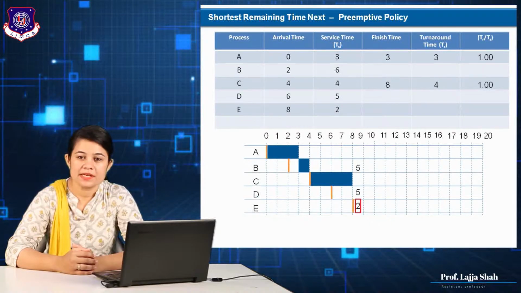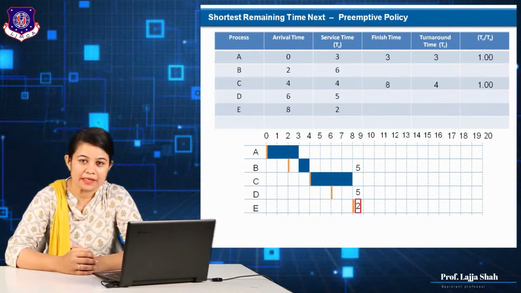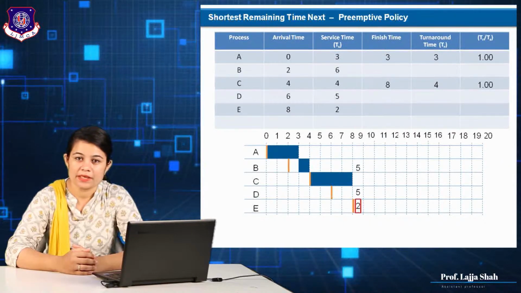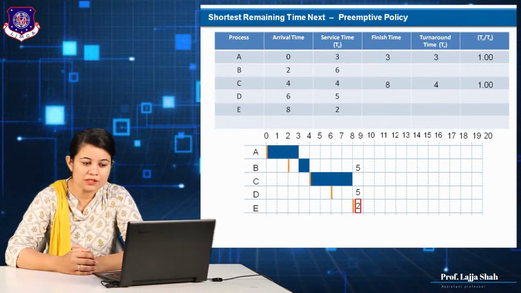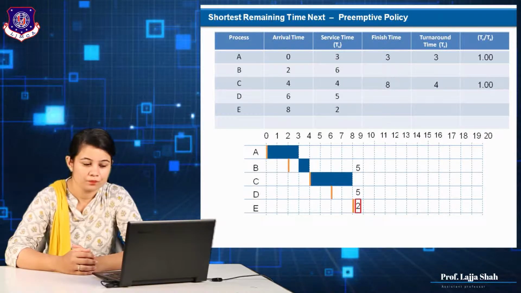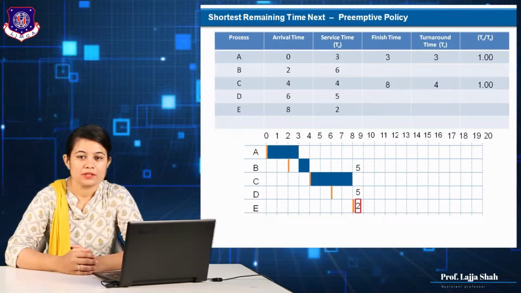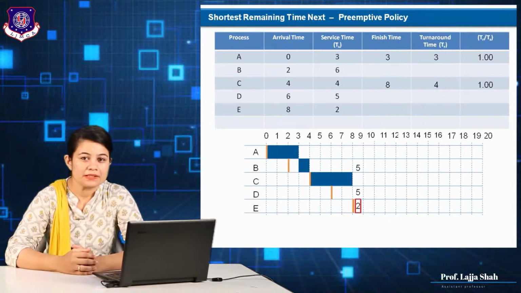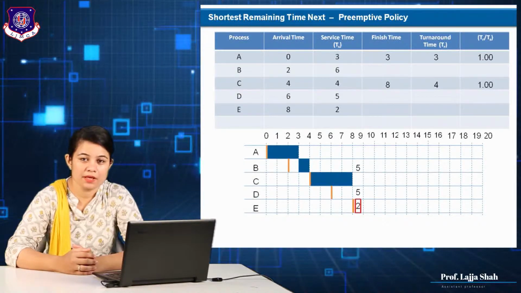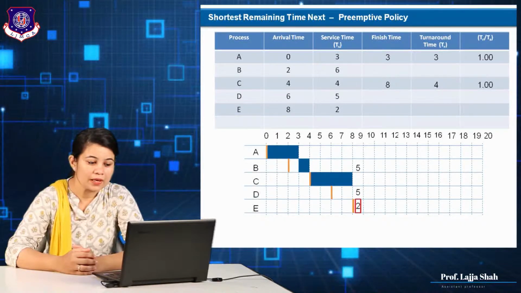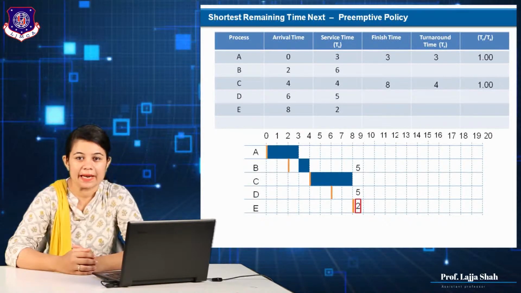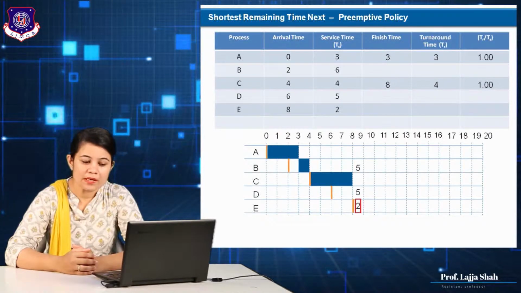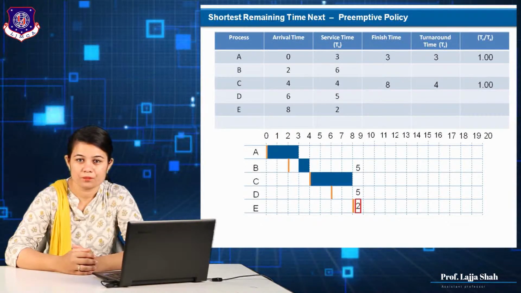After that, process C will be successfully terminated because its service time has been fully served. So its values will be put in the table. At this point, process E has arrived in the system. So the operating system has three processes for execution: process B, process D and process E. Again, a check will be made for the shortest remaining time.